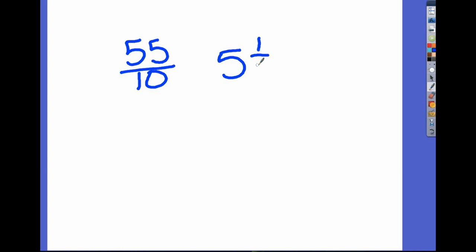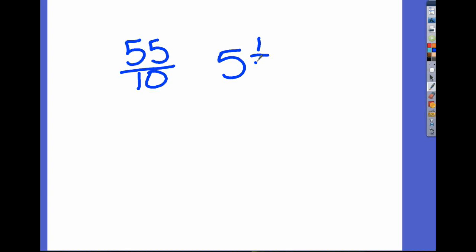Look at the next page. This one is really, really easy. You know how to do the first column. You know how to do the second column. You know how to do the fourth column. The only one that has changed is between which two whole numbers is your answer. If I have 55/10, solve it quickly. Someone raise your hand, tell me what that would equal. Okay, it'd equal 5 1/2, or 5 5/10.